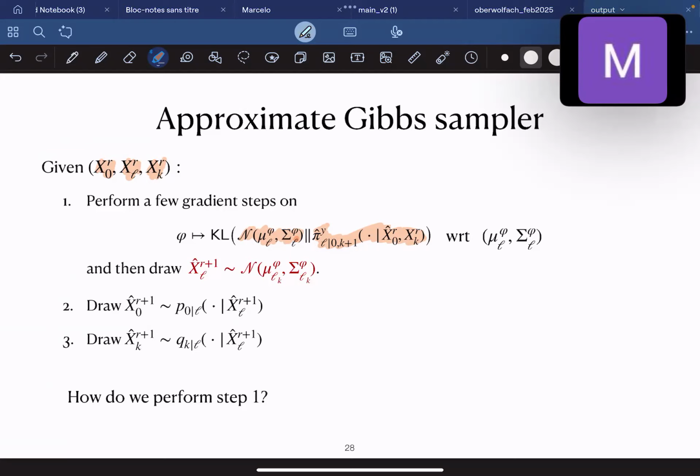So that gives us the full algorithm to get an approximate sample from the marginal of the diffusion model, which you initialize not with the data distribution, but with the posterior.